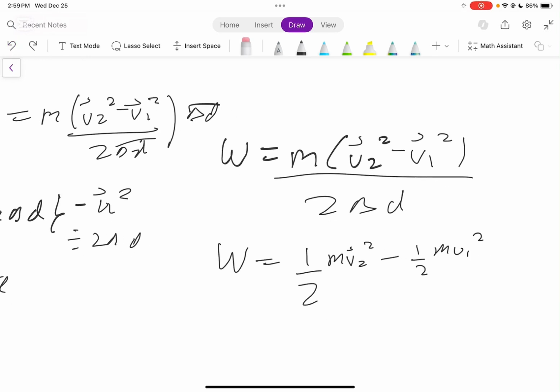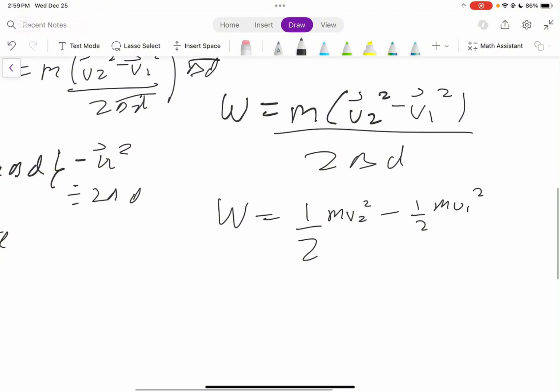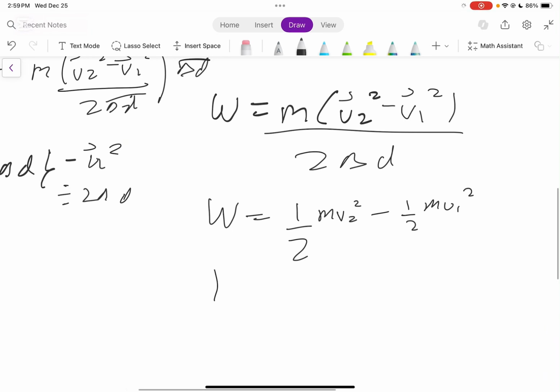So we know that our total work, for kinetic energy, is going to be final minus initial, right? This is technically equal to the change in energy, EK is equal to EK2 minus EK1 for our total energy.